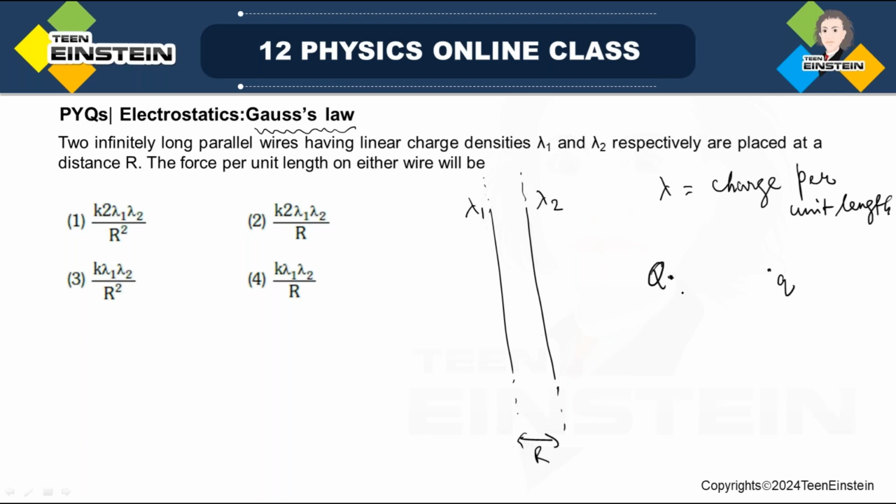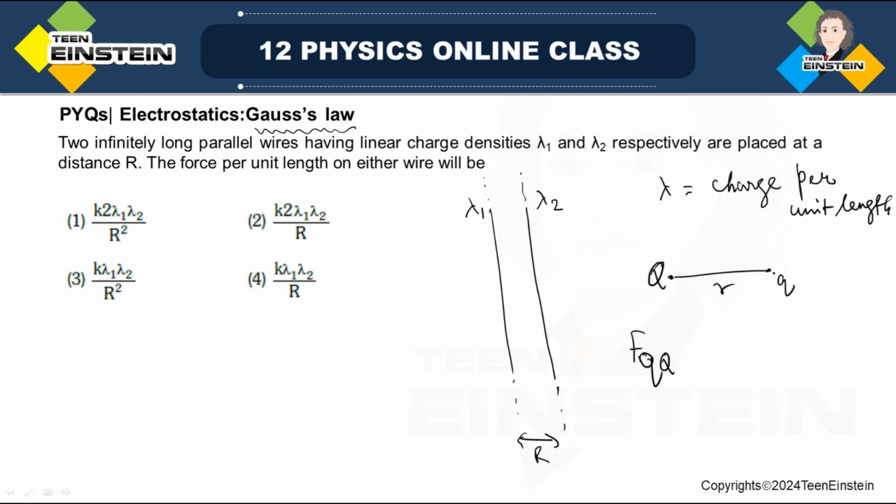If I just want to find out the force on small q due to this capital Q charge at this particular position R, I have to find out the electric field produced by capital Q at this particular point where the small q charge is.